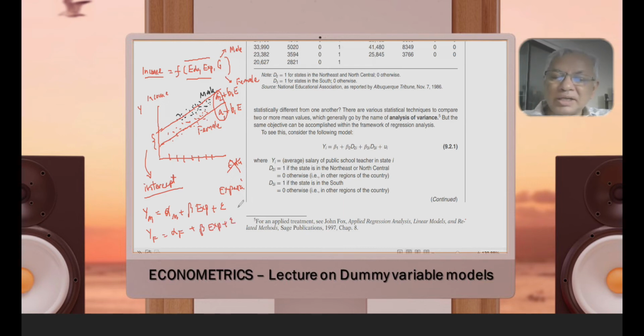We could theoretically estimate two different models. It may happen that you do not have enough data to run two models. So the question is how do I combine these two models into one and estimate one equation rather than two? That is when dummy variables become important.